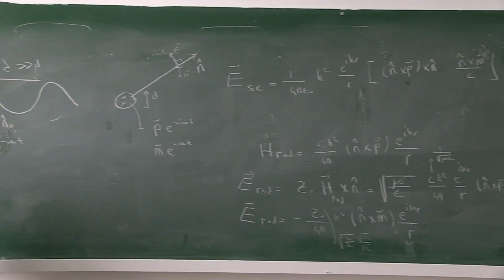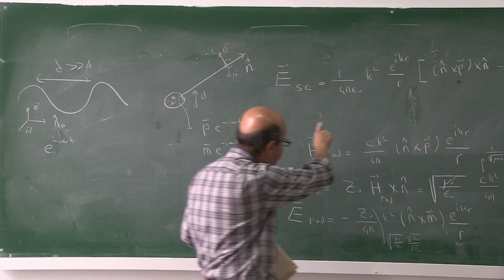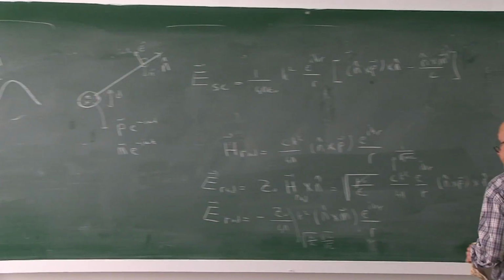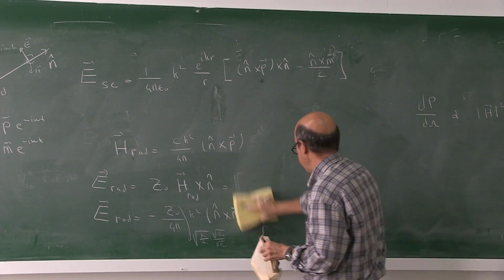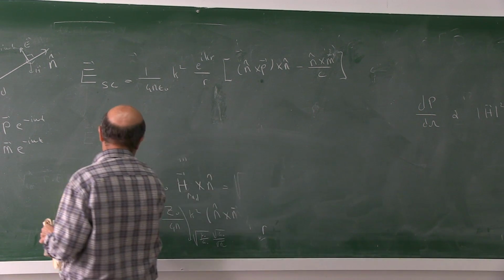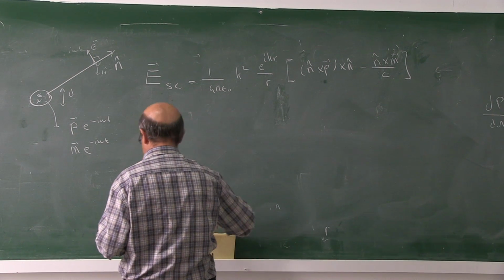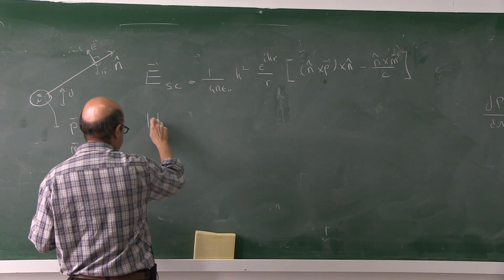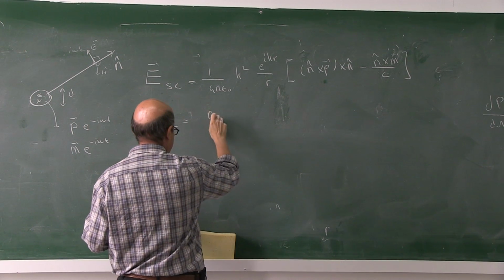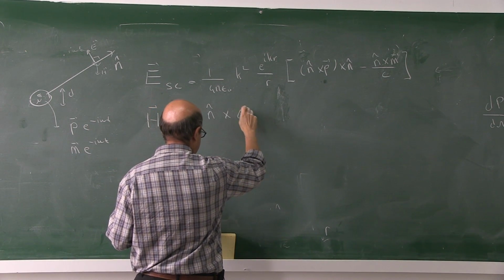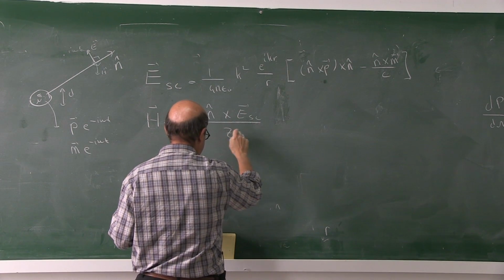Now, this is the scattered electric field. We use that radiation approximation. You can easily calculate the scattered magnetic field, that is simply n cross E scattered over impedance.